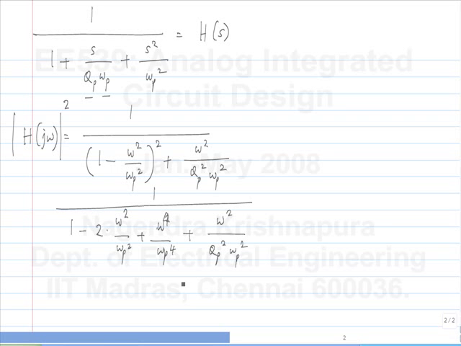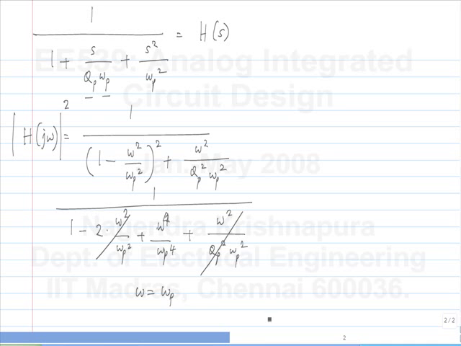This is the denominator, and this cancels with this if qp is 1 over square root of 2, right? So what happens then? We have simply 1 plus omega to the 4 divided by omega p to the 4 in the denominator. And what is the 3 dB bandwidth? When the denominator reaches 2, right? This is the magnitude squared. When the magnitude reaches 1 over square root of 2, or when the magnitude squared reaches 1 over 2. So when does it reach half? When omega equals omega p.